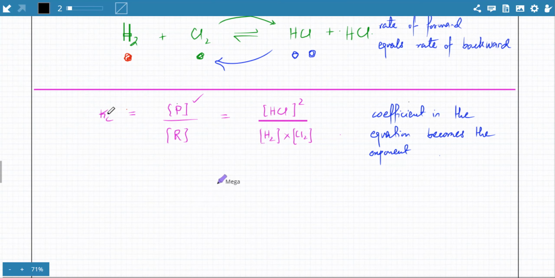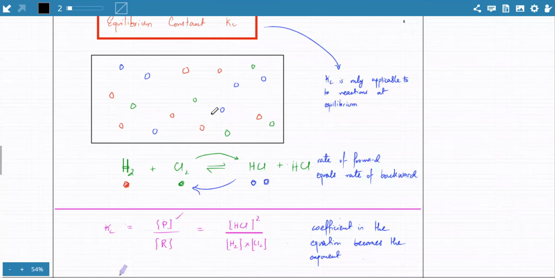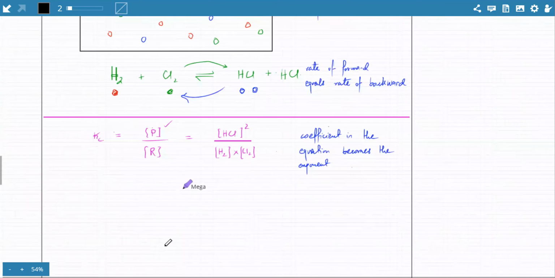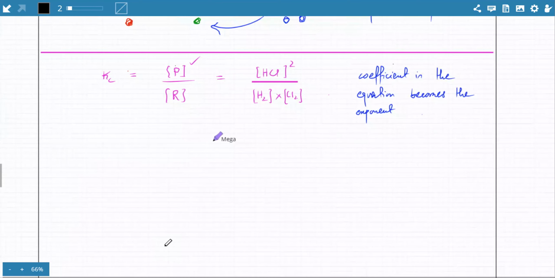This equilibrium is always a constant. Once something reaches equilibrium, the amount of products doesn't change, and the amount of reactants also doesn't change. So the ratio would remain a constant. The product concentration and the reactant concentration, the ratio of the products divided by the reactants, is going to be a constant. So let's do another one.